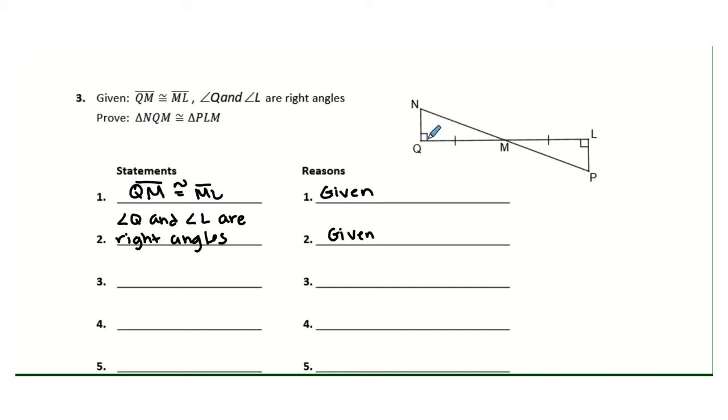Well, since angle Q and angle L are both right angles, that means they both measure 90 degrees. Well, that means that they're congruent. So I have to state that. So angle Q is congruent to angle L, and that's because all right angles are congruent because they're all 90 degrees.